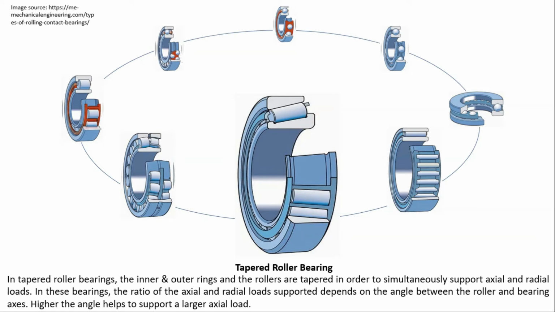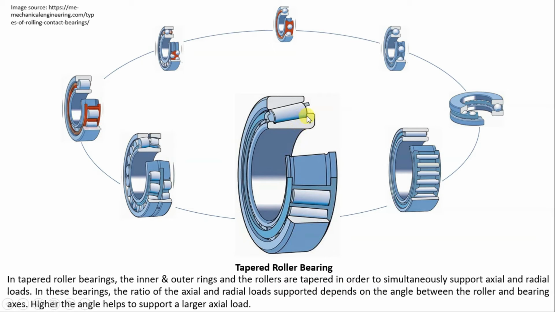Next is the taper roller bearing. These taper roller bearings are designed to take radial as well as axial loads. Because of this taper, these bearings are able to take a higher amount of axial load as compared to the previously discussed bearings. In tapered roller bearings, the inner and outer rings and the rollers are tapered.